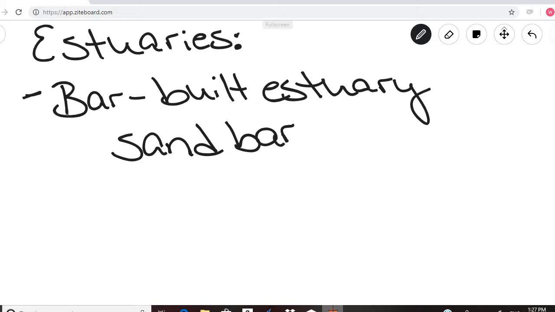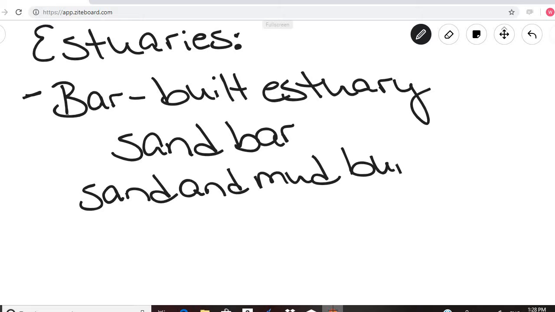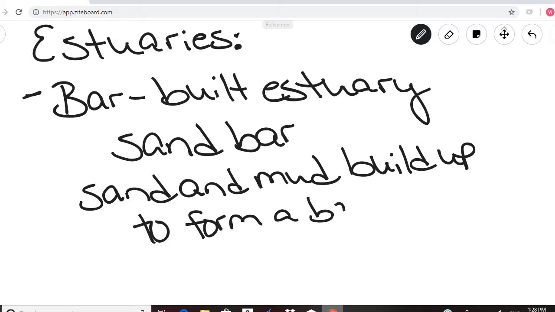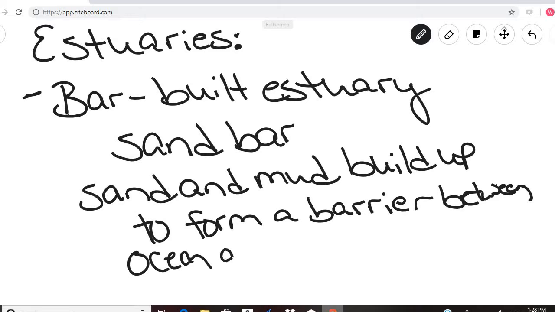So sand and mud get moved by the waves, and then that sand and mud build up to form a barrier. So it's basically a barrier between the ocean and the fresh water of the river.